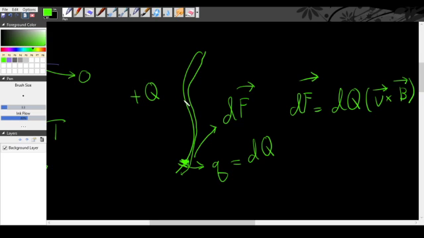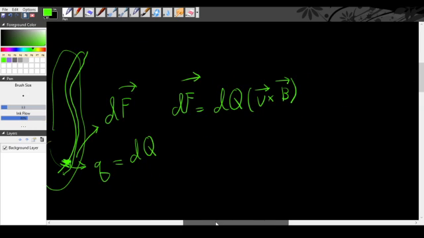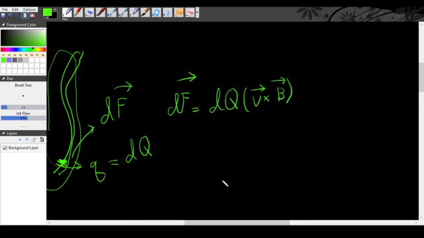But now we want to find the force on the whole wire, so then we would have to integrate. But before we integrate, we can actually do a bit of simplifying. So dF stays the same, dq stays the same, but then we notice that velocity is also the change in position with respect to time.